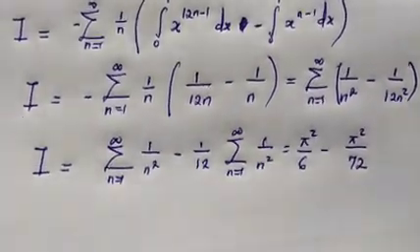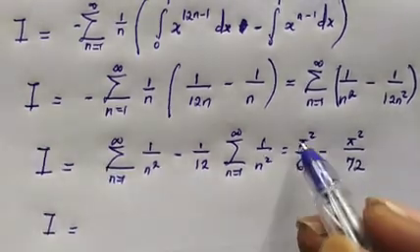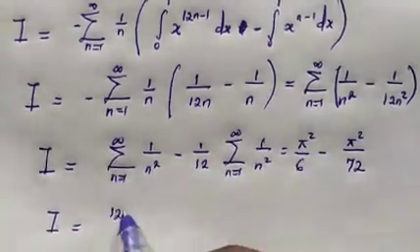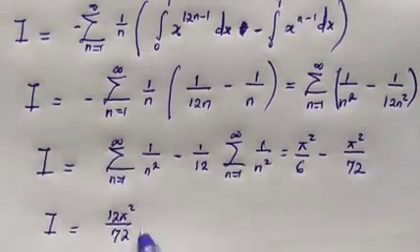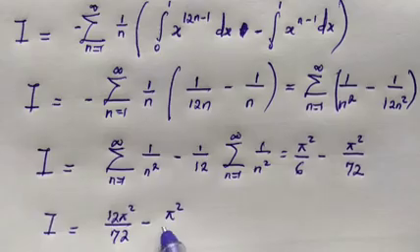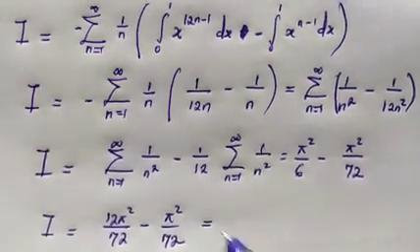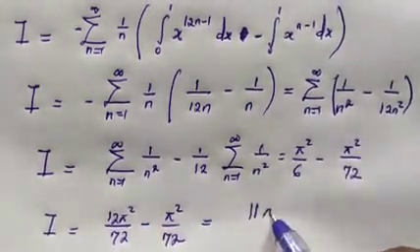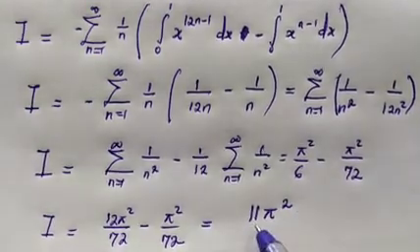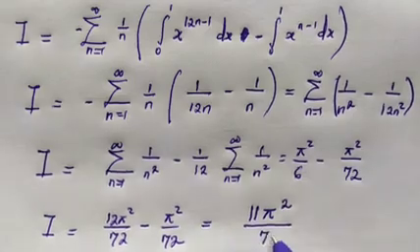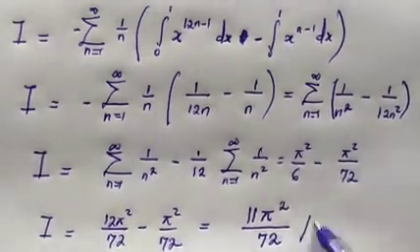Now, when you subtract, this is the same as multiplying this by 12 over 12. We'll get 12 pi squared over 72 minus pi squared over 72. And from here, we get our required solution, which is 11 pi squared divided by 72. And this is our final answer.